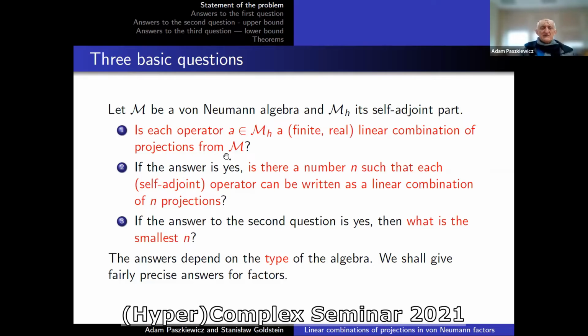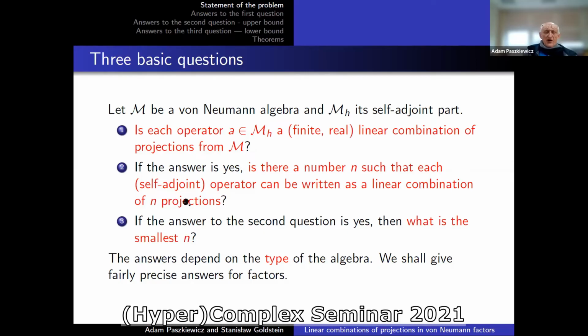If the answer is positive, then the question is whether for such an algebra there exists a smallest number n such that each observable can be represented as a linear combination of just n projections. It means just n quantum questions.